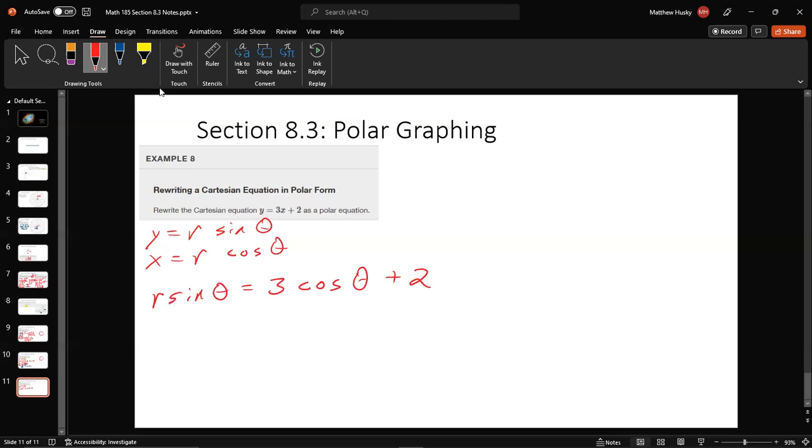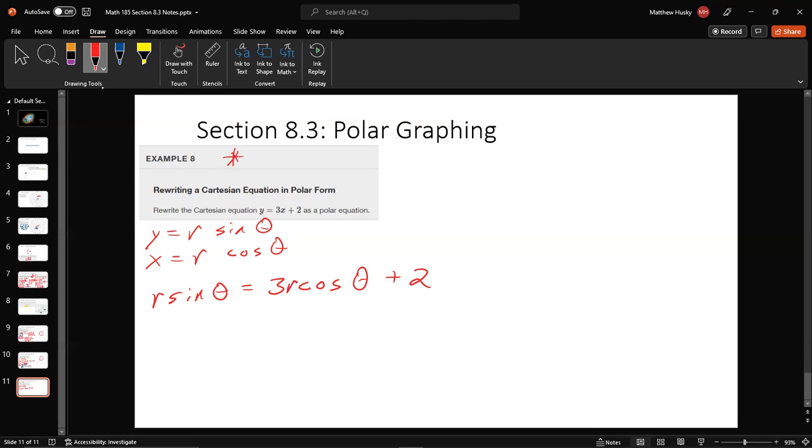Let's see, I left off the r, that's what the problem is. Okay, so you've got 3 times r cosine theta plus 2.